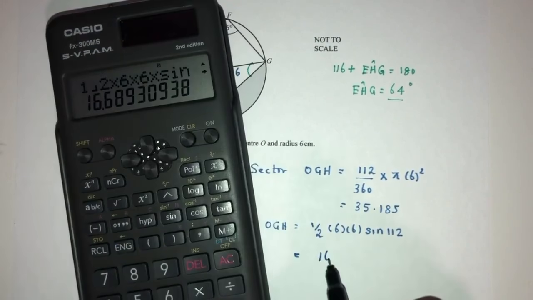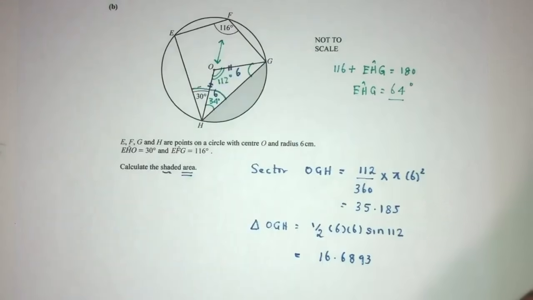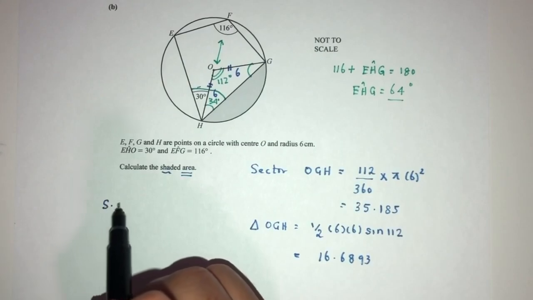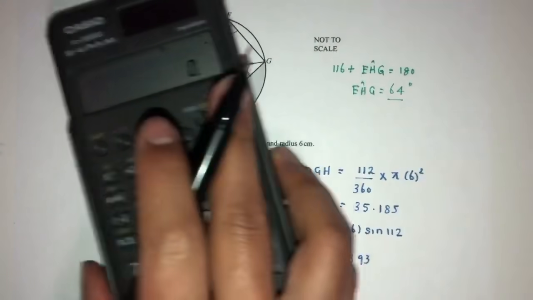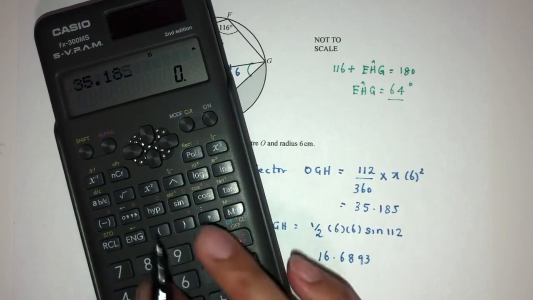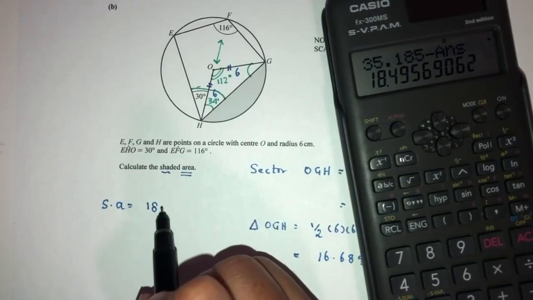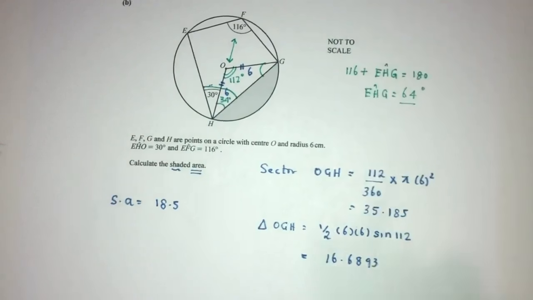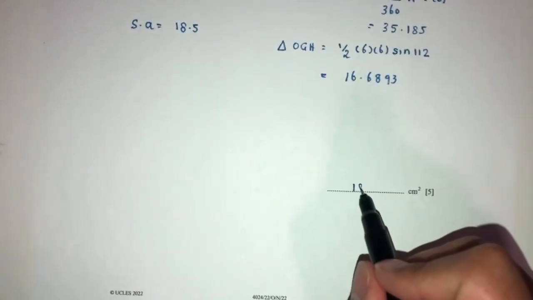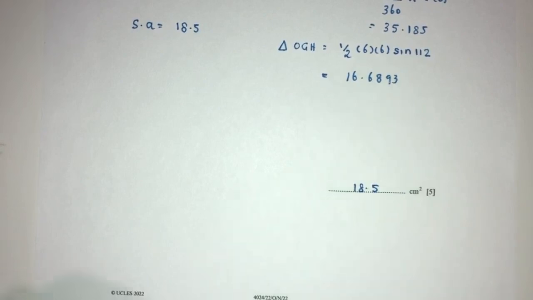That will be 16.6893. So finally, the shaded area has to be what? 35.185 minus that, answer should be 18.5, correct to 3SF. So your answer right here will be 18.5, correct to 3SF.